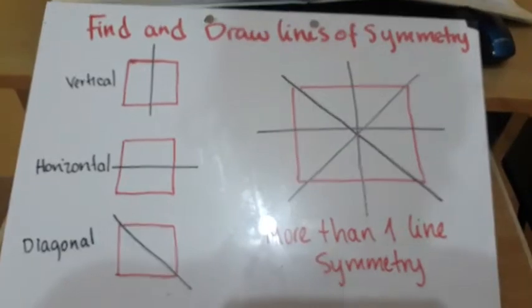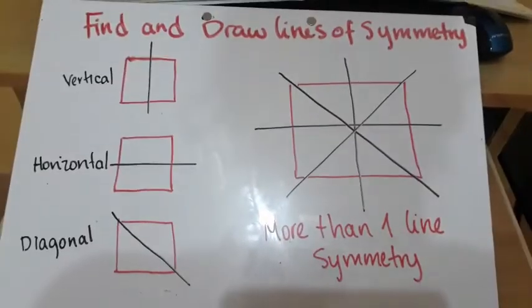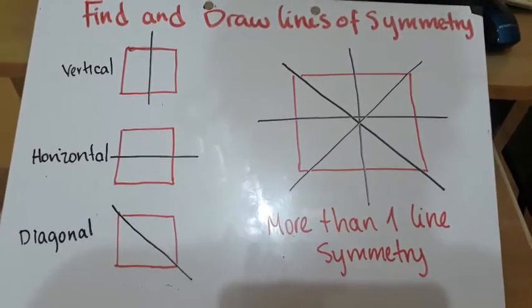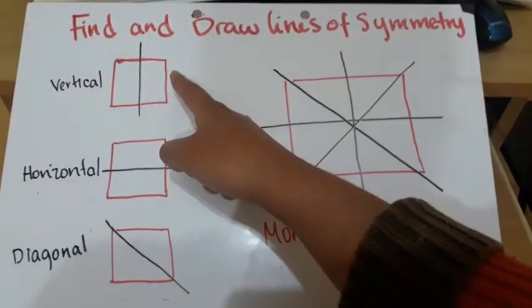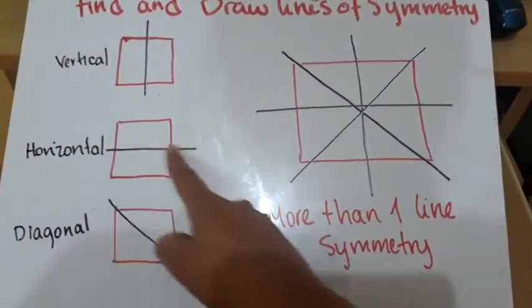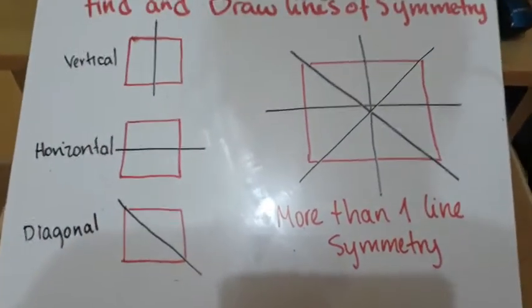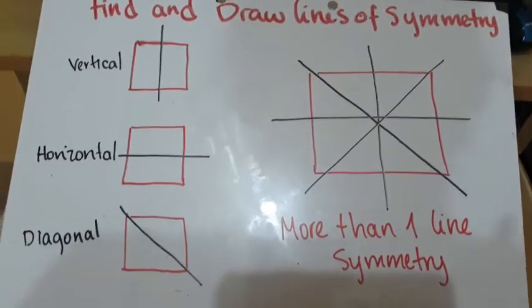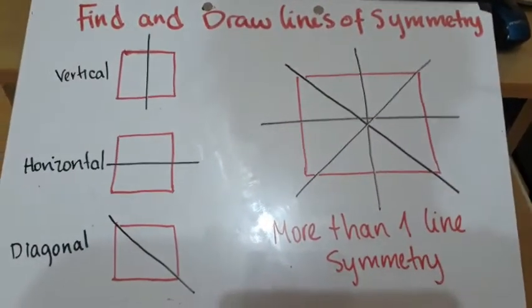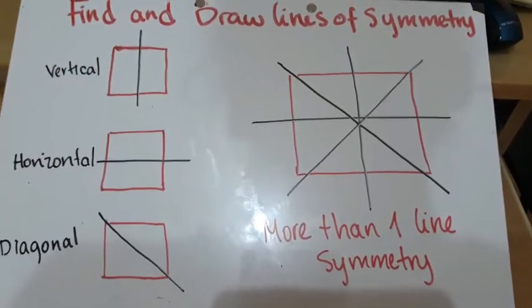Okay, today we are going to learn about how to find and draw lines of symmetry. If you remember, we have symmetry lines in vertical way, horizontal symmetry line, and diagonal symmetry line. But sometimes one figure can have more than one line of symmetry.